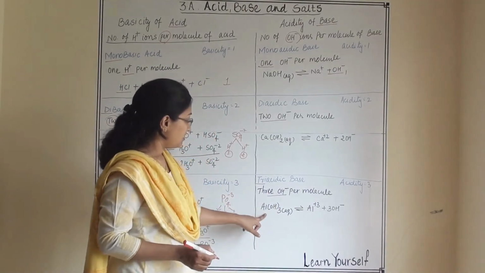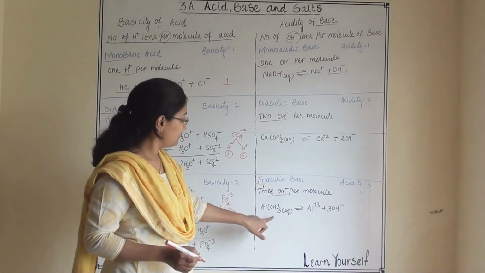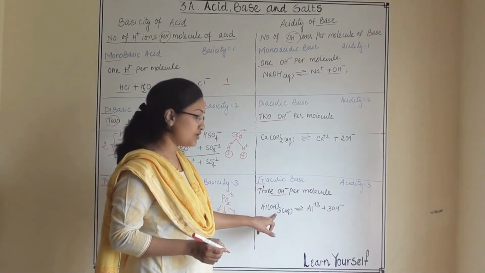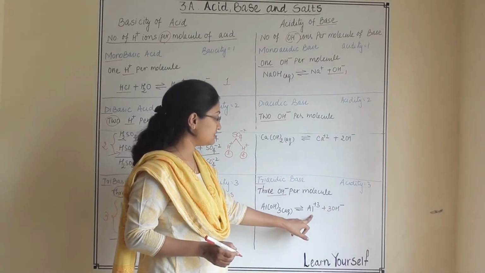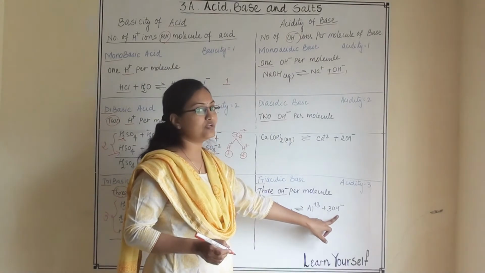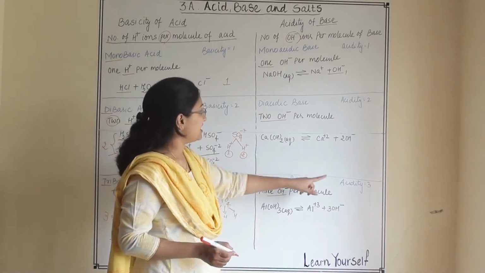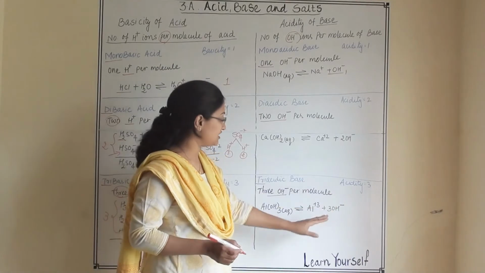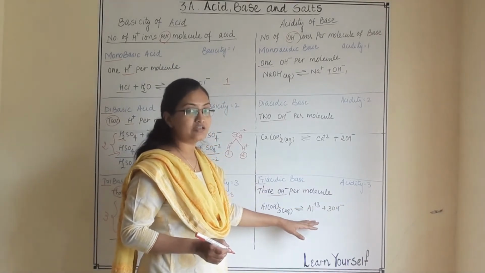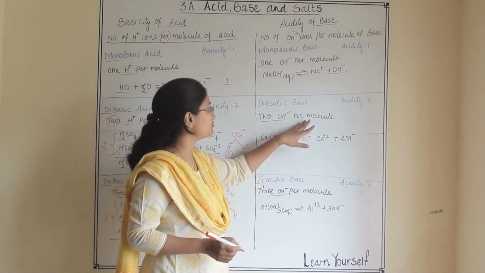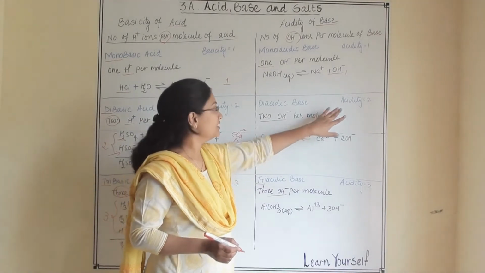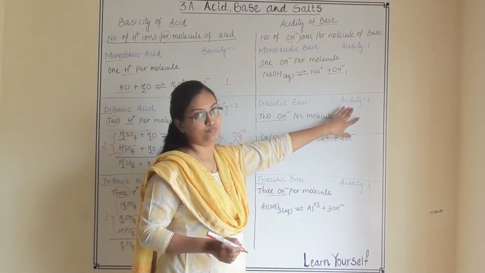So aluminium hydroxide contains 3 OH. While dissociating, it gives Al plus 3 and 3 OH minus, and the acidity is 3. If it gives 3 hydroxyl ions, the acidity is 3. If it gives 2 hydroxyl ions, the acidity is 2.